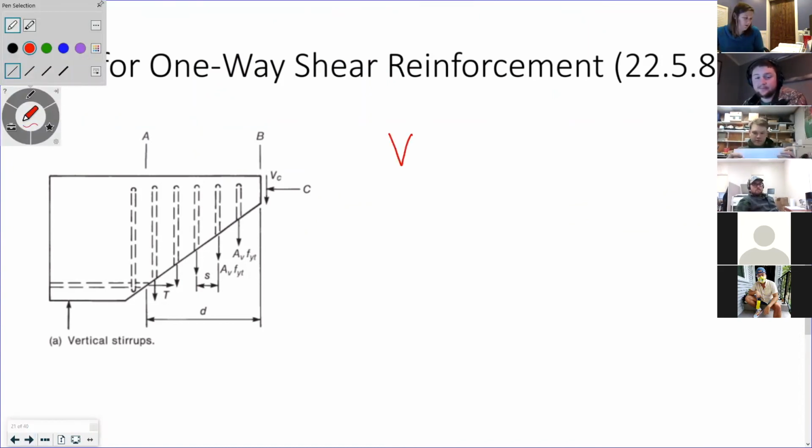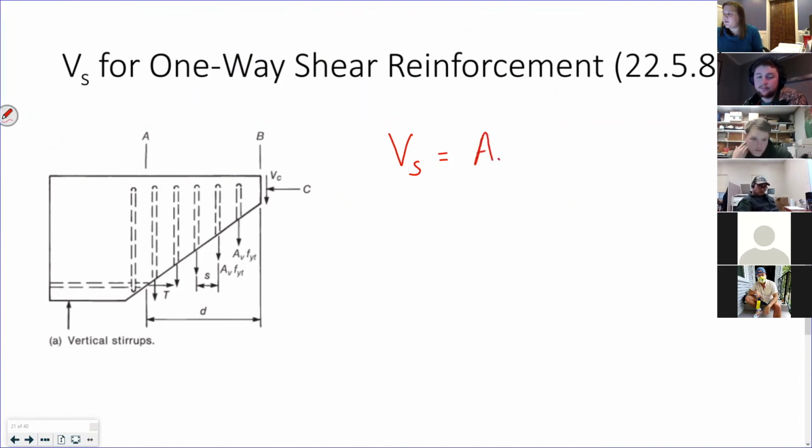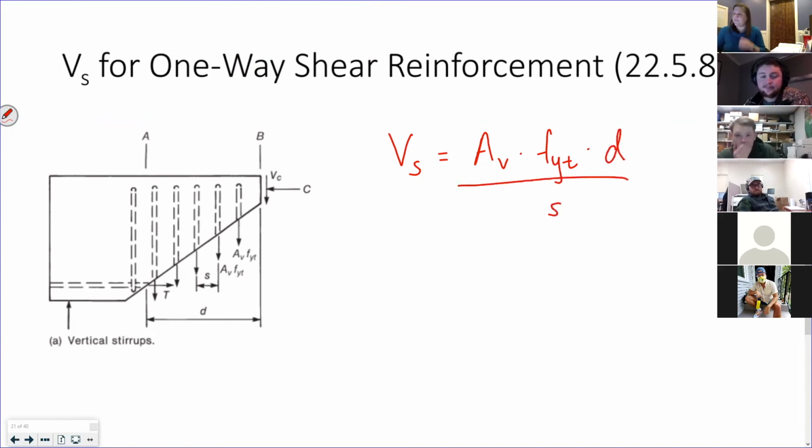My shear capacity for my reinforcement is my area of steel in shear times yield stress of that reinforcement times d divided by spacing.